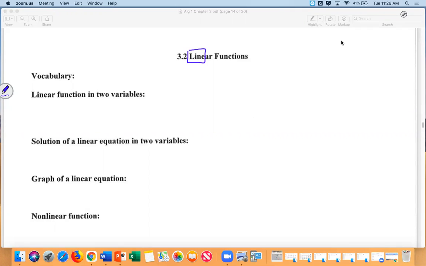So a linear function in two variables is a relationship that creates a line. So we have two variables, and there's going to be a relationship between them, and that relationship will be a line.